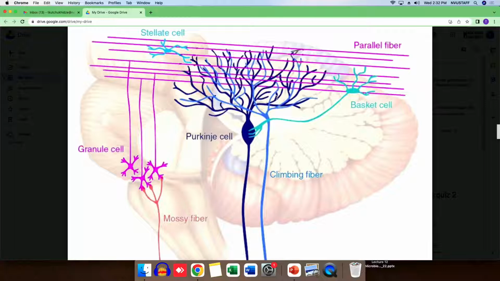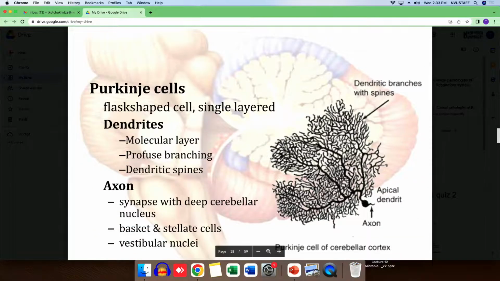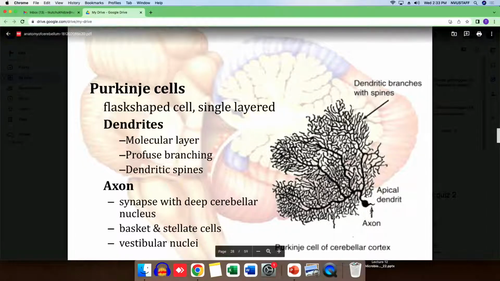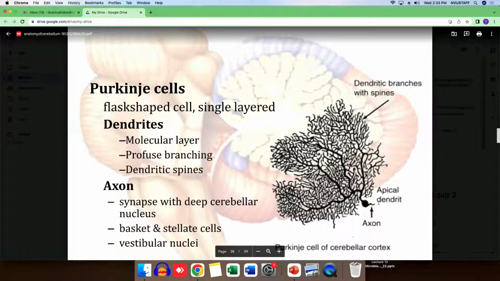Also, they have profuse branching, and they have dendrite spines. For example, in this photo here, you will see how dendritic branches are with their spines, and see how the smallest nucleus and then the axon is starting, right?